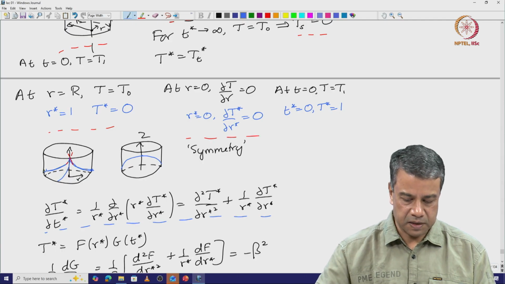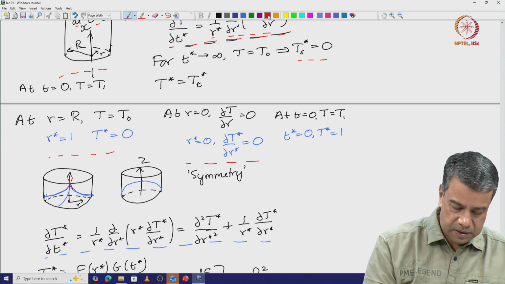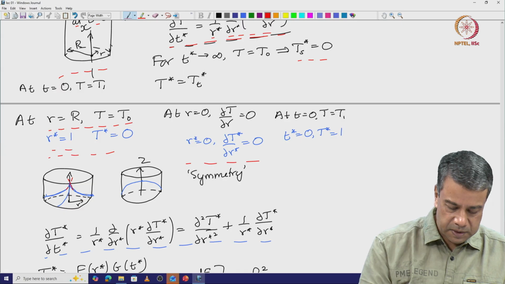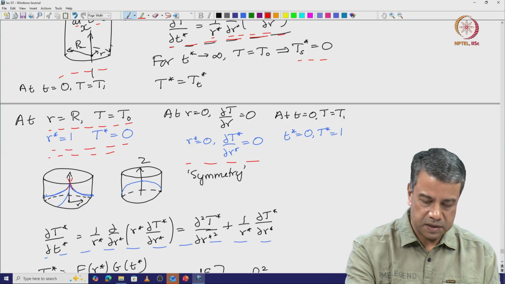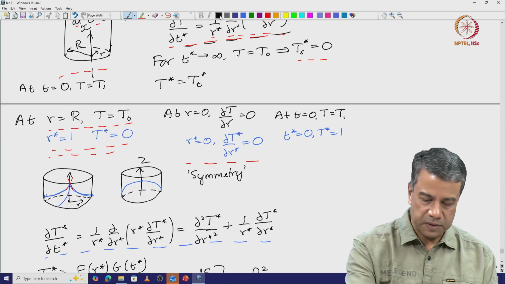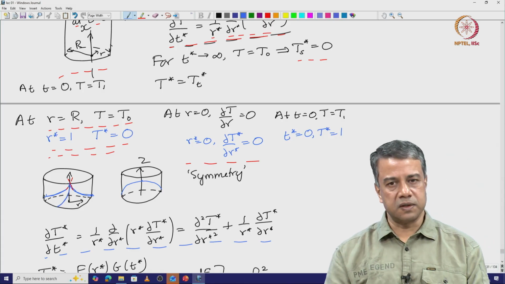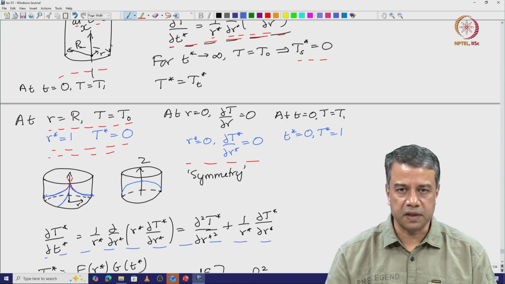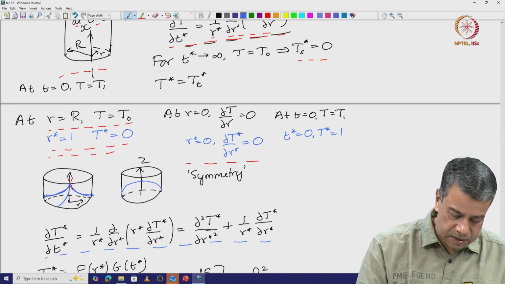The boundary condition at r equal to capital R is that T is equal to T0, which corresponds to T star equal to 0. At the center, as I explained in the last class, suppose you had a temperature varying with position such that the gradient is non-zero at the axis.